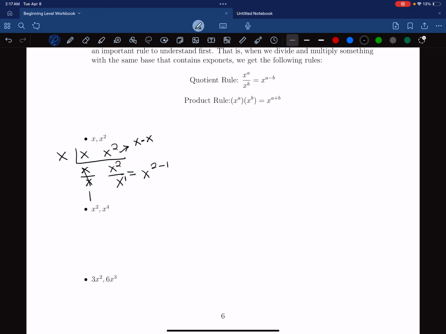So we have x squared minus 1, or we have 2 minus 1, it's just 1. So we're just left with x. So now we're done here. So let's write out our least common multiple and greatest common factor.